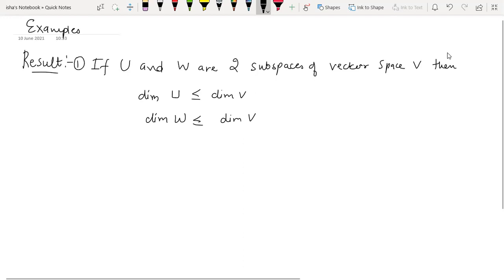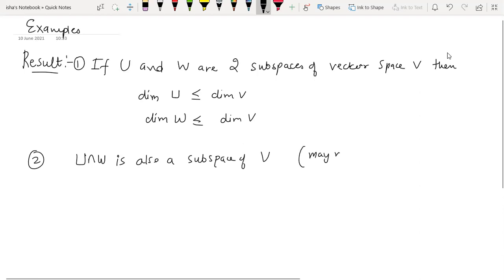And another result is that U intersection W is also a subspace of V. So that means the intersection of two subspaces of a vector space is also a subspace, and the same result can be generalized to finitely many. The intersection of finitely many subspaces is also a subspace.